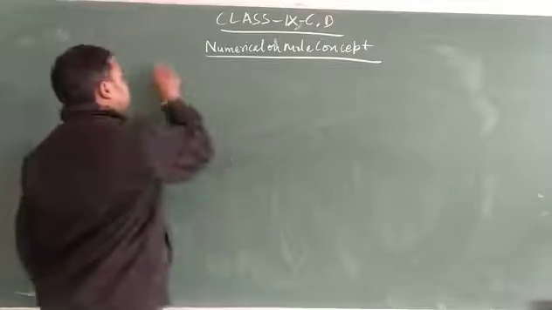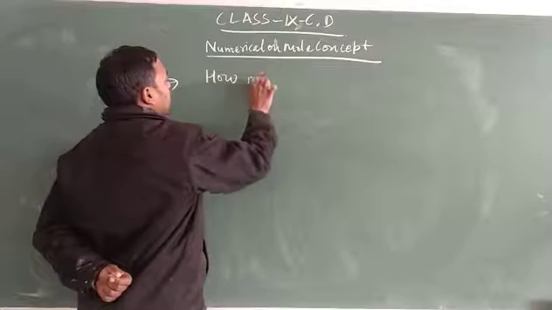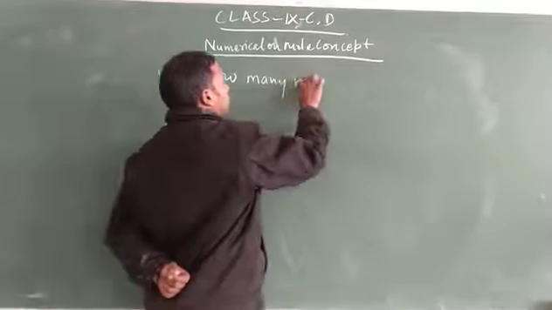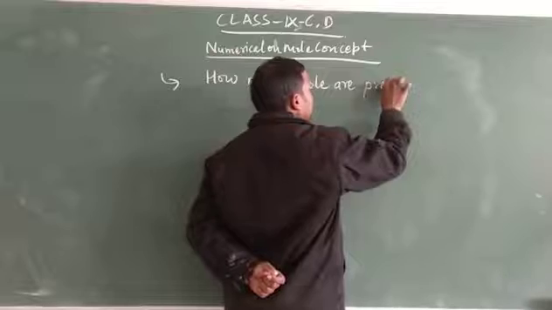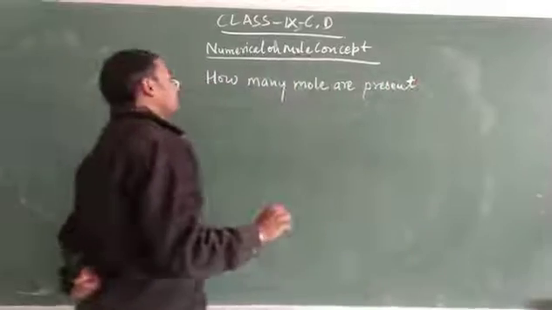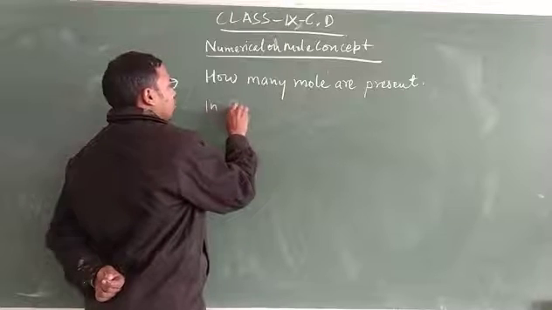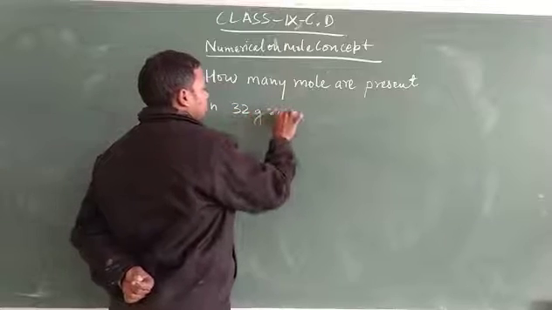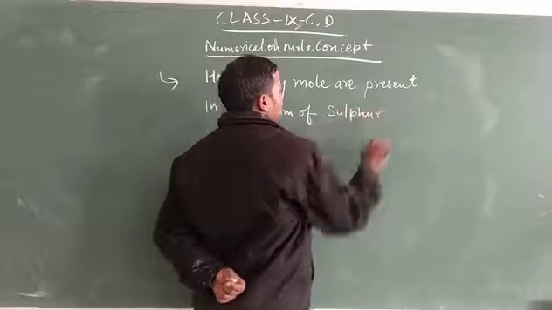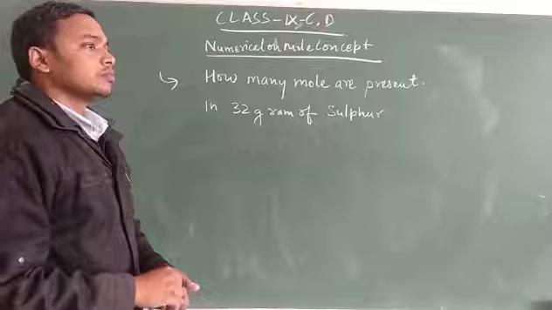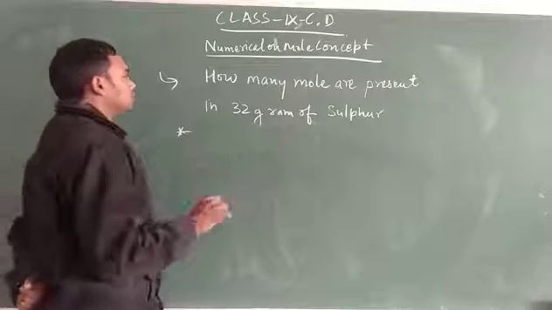Now, first is that how many moles are present in 32 grams of sulfur. So now solve.